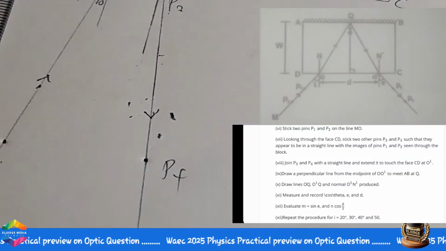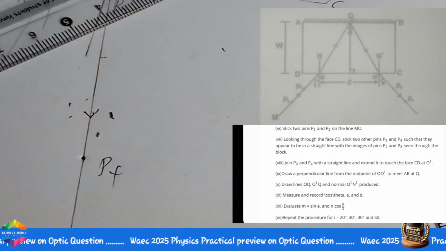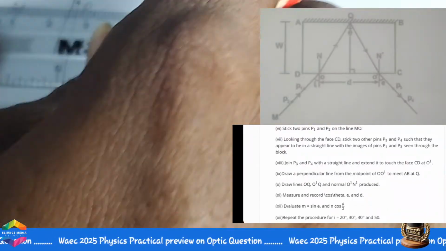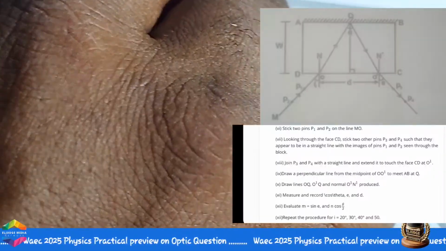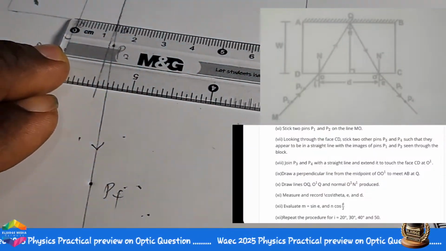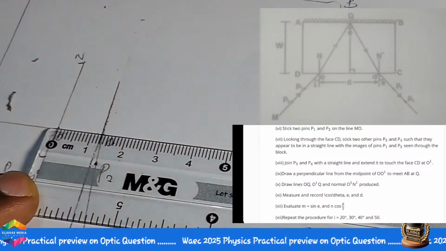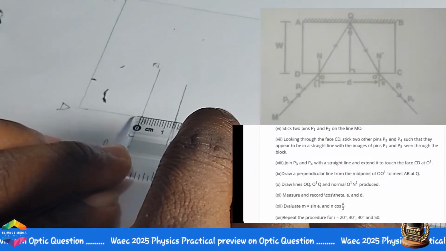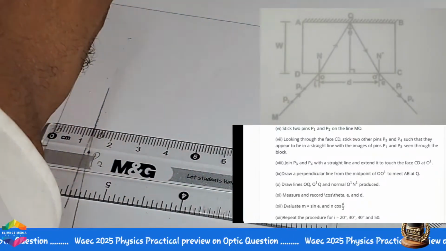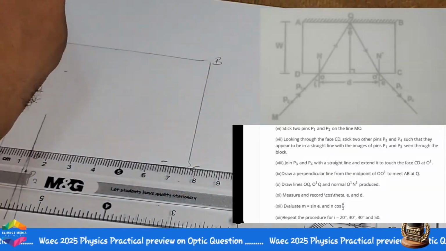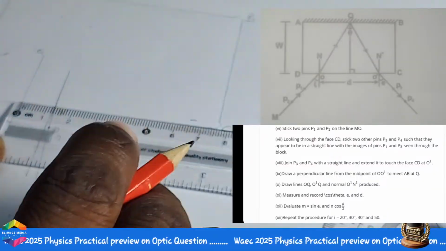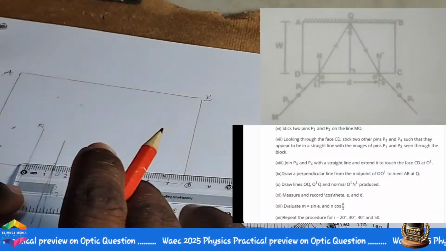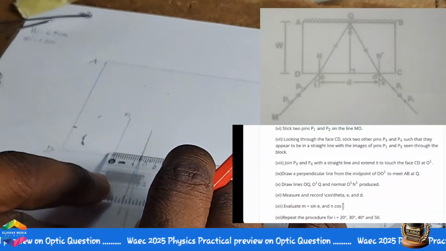Now we are told that you should draw a perpendicular line from the midpoint of OO prime. So the midpoint, we have to find OO prime. We measured it. We are measuring OO prime, and the measurement gives us 1.3. So OO prime is 1.3. The middle of 1.3 is, no, it's 0.65.